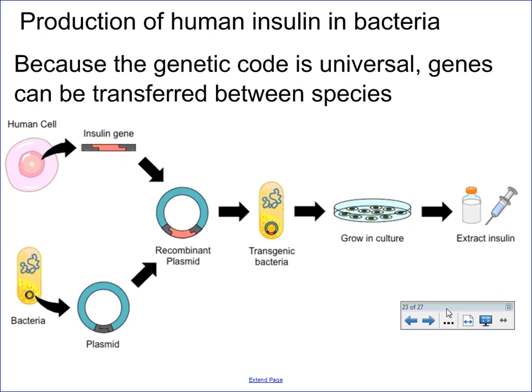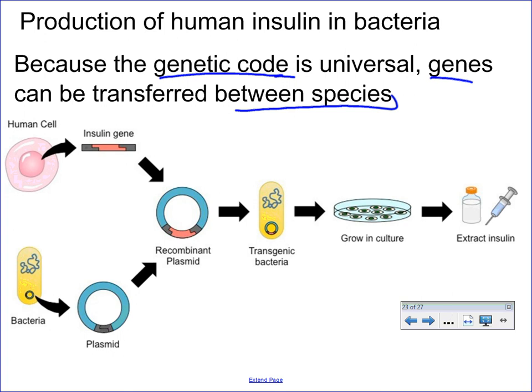Now, because the genetic code is universal, meaning it is used by all living organisms, this allows genes to be transferred between species. And where this gets utilized by scientists, for example, is in the production of human insulin by bacteria.